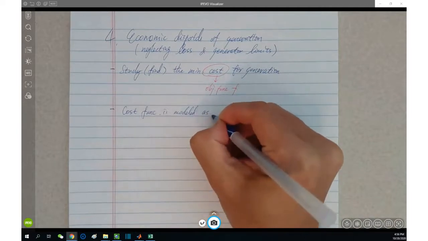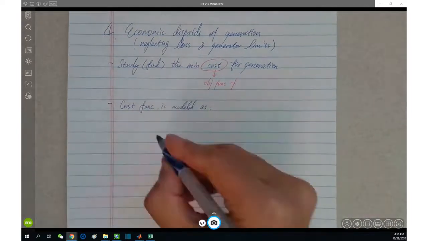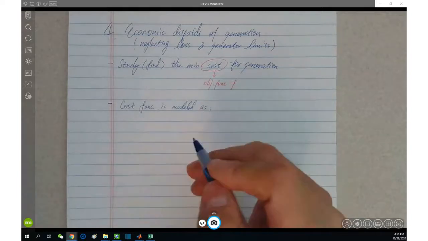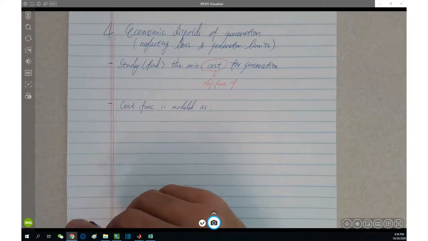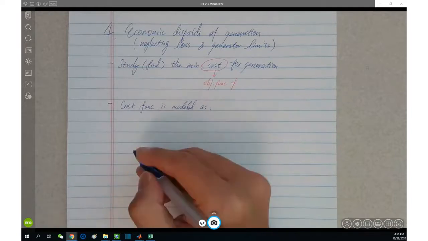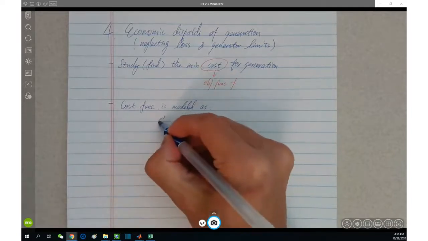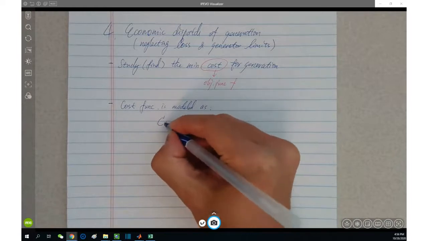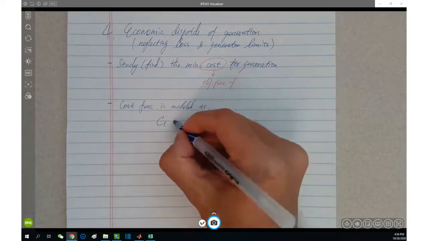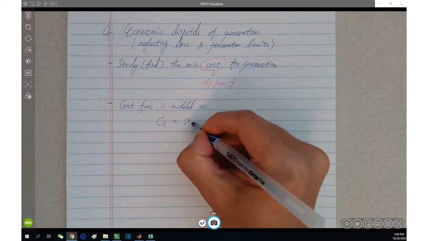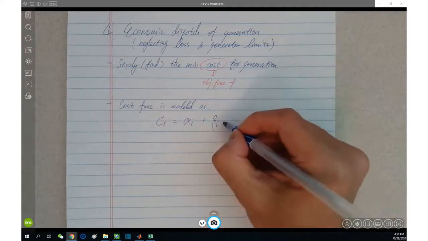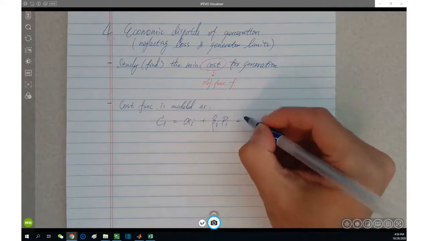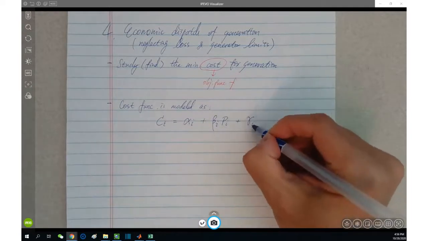This cost function is something given, and the modeling of the cost function is not our job, at least not in this course. It's very easy: C sub i equals alpha i plus beta i Pi plus gamma i Pi squared.